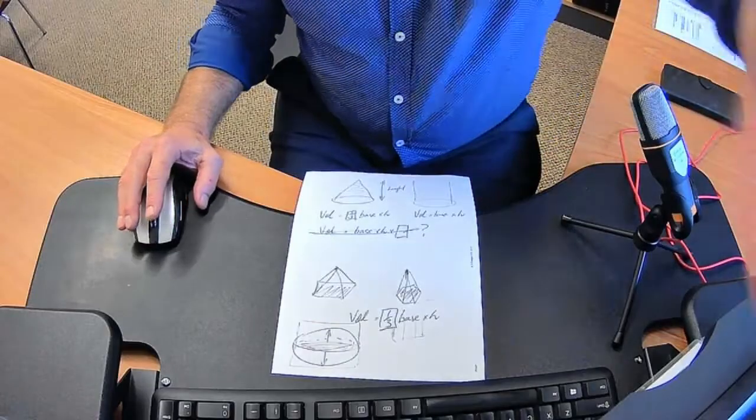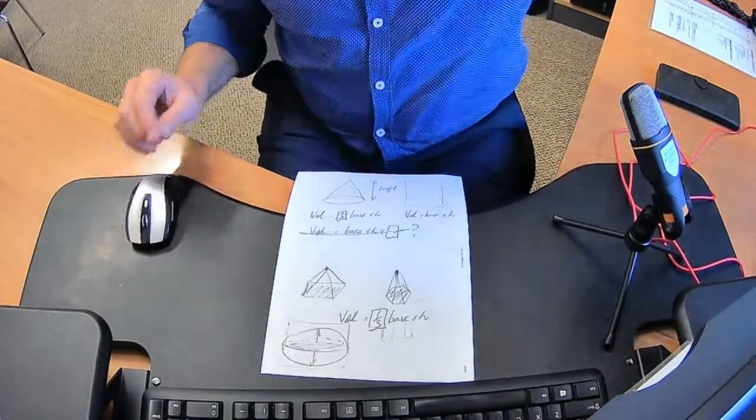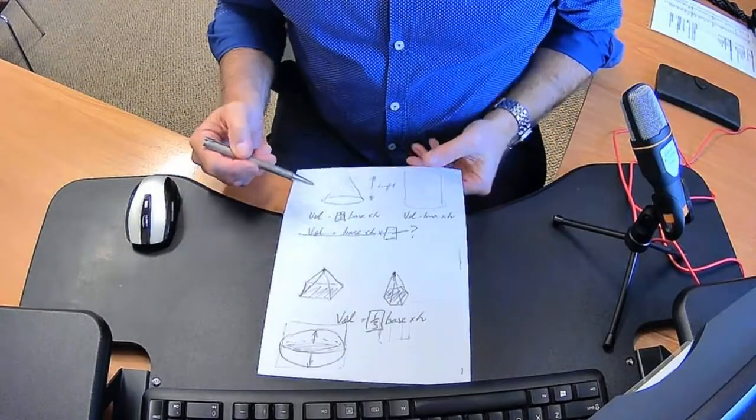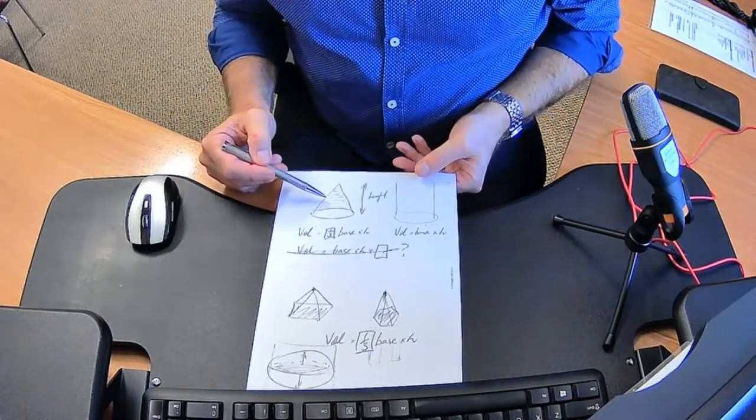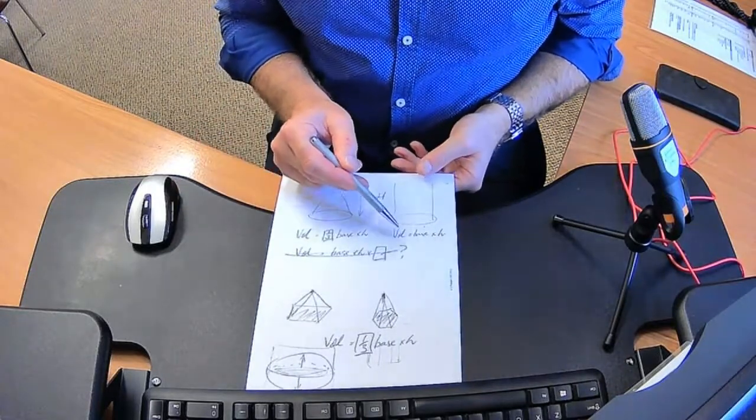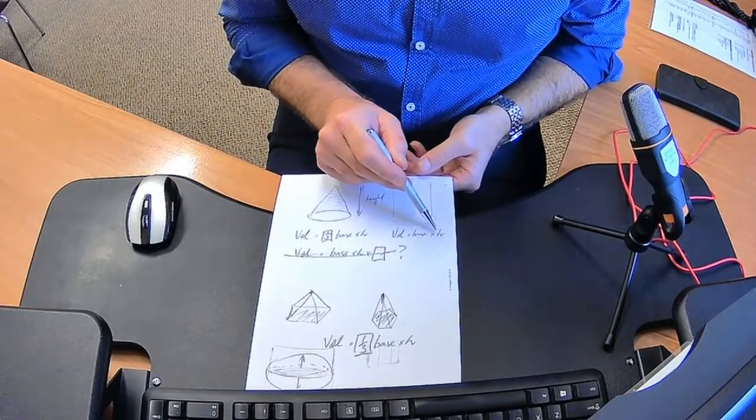Well, there we have it. We have that a sphere is 2/3 the volume of a cylinder. So what's that mean mathematically? Let's come back here. So we have a sphere here. Can I go back one step? The volume of a cone was 1/3 the base times the height. The volume of a cylinder is the whole 1 base times the height.